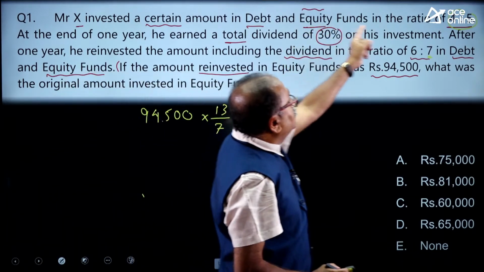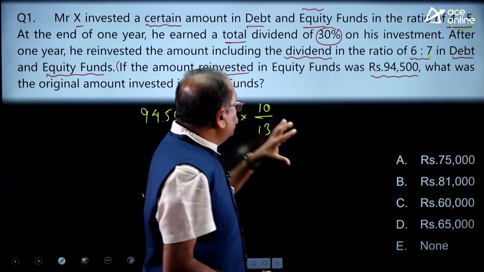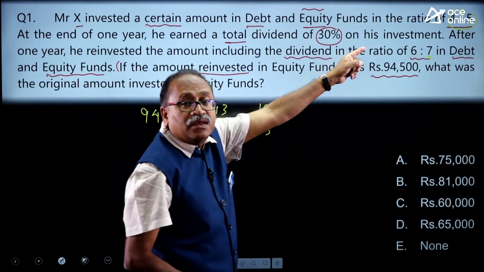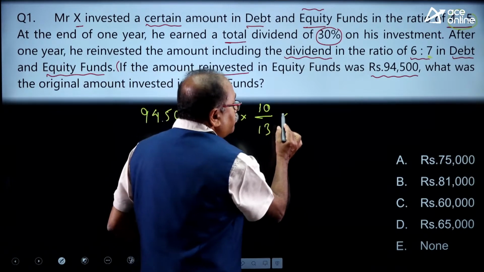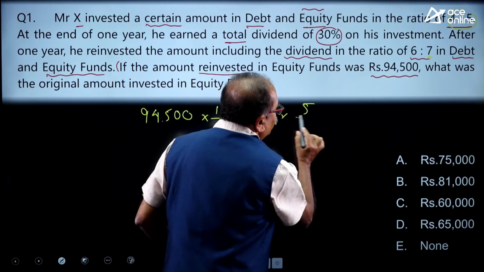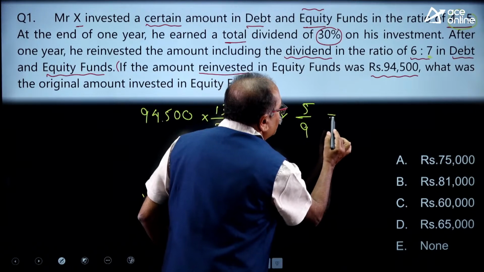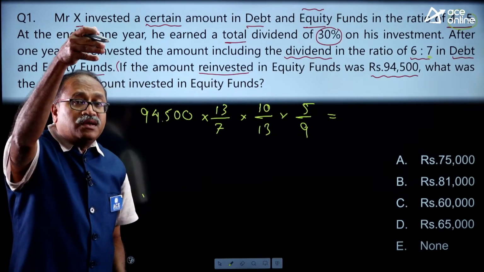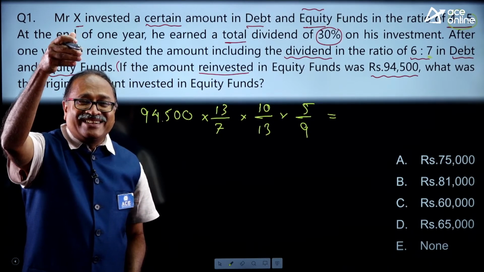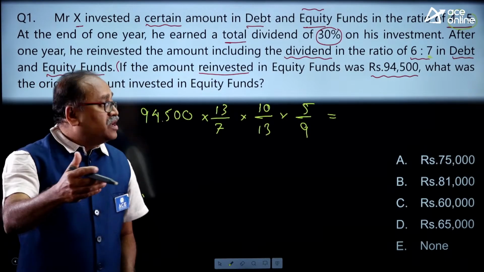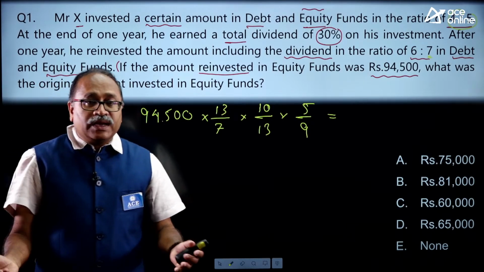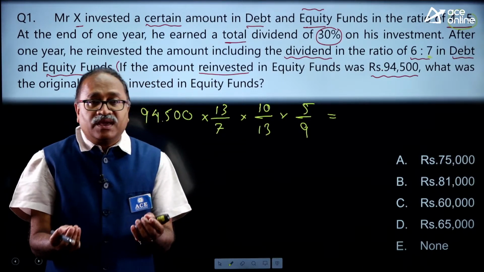Which one is the equity? The second one. This total is 9 parts. I need only 5 parts, the second one. So my requirement is 5 parts out of 9 parts, and you will be getting the initial equity investment. Come on, my friends, some of you can answer the question. It's a really good question, and what is left is cancellation only.